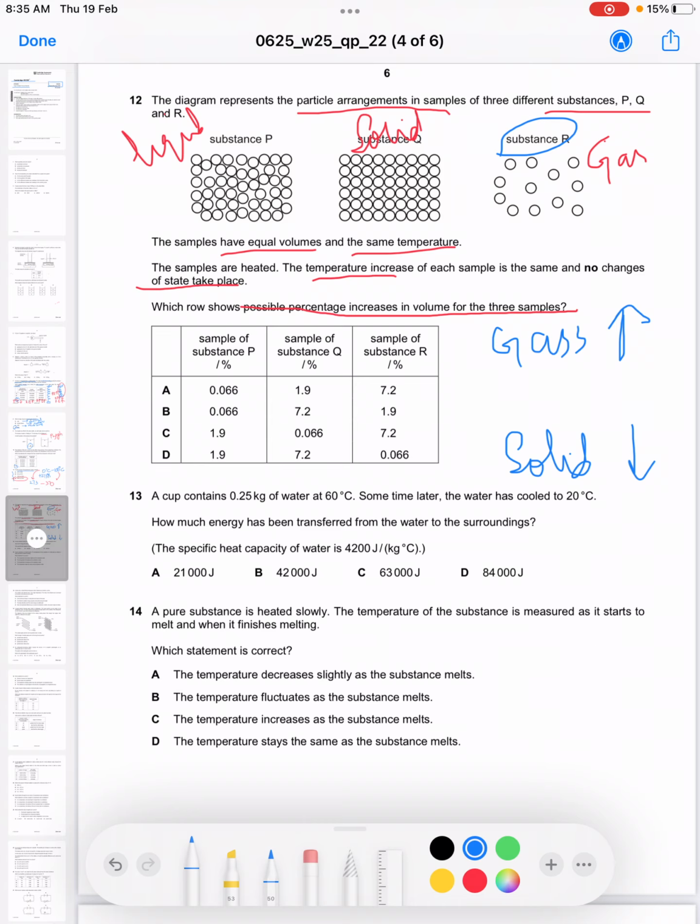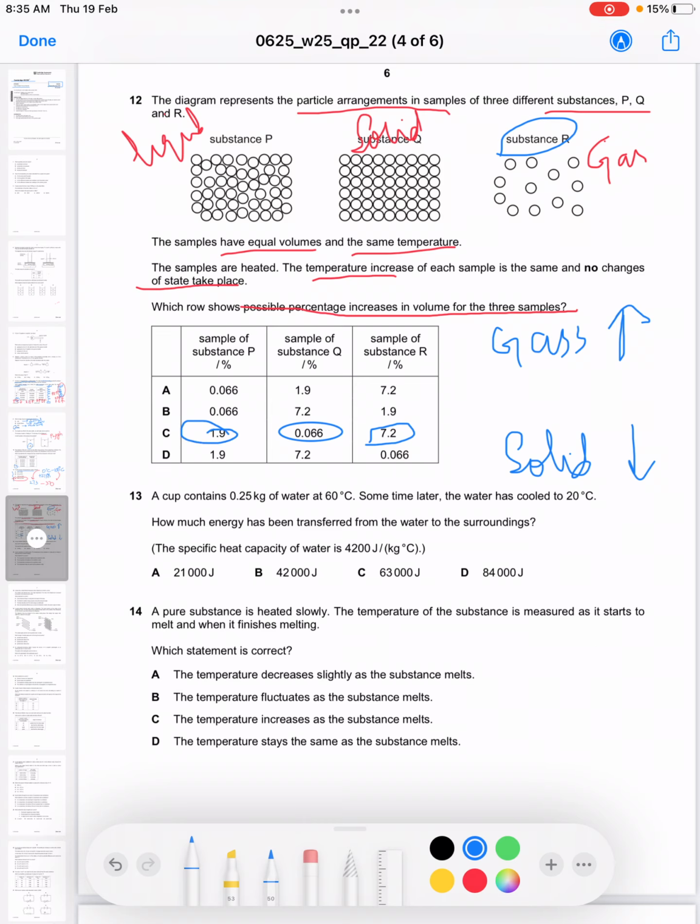So Q must have the minimum answer. If we compare them, we get 0.06 is the minimum, and for the gases it must be maximum. So where are the gases? R. So the value for R is, yes, 7.2, and obviously the liquid one has the middle value.